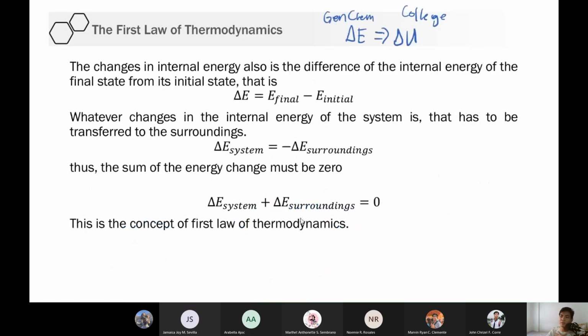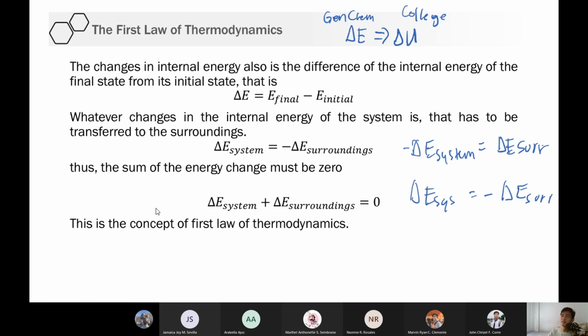So, in equation, that's delta E system equals negative delta E surroundings. Okay. So, actually, dalawang versions yan. If your system released energy, ganito yung equation. And if your system absorbed energy, ganito equation.